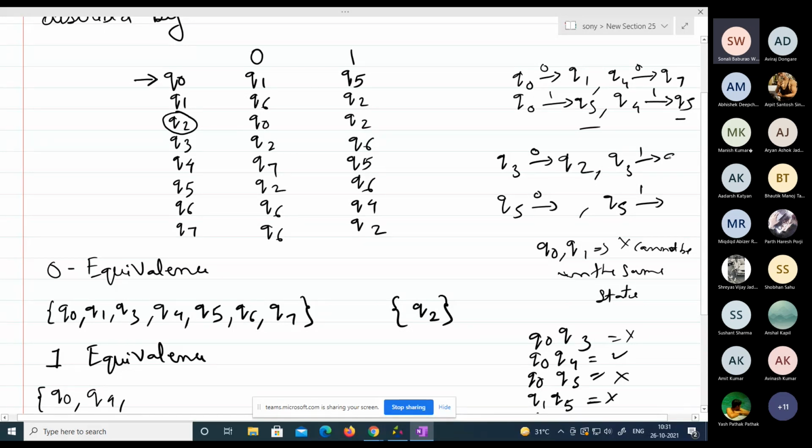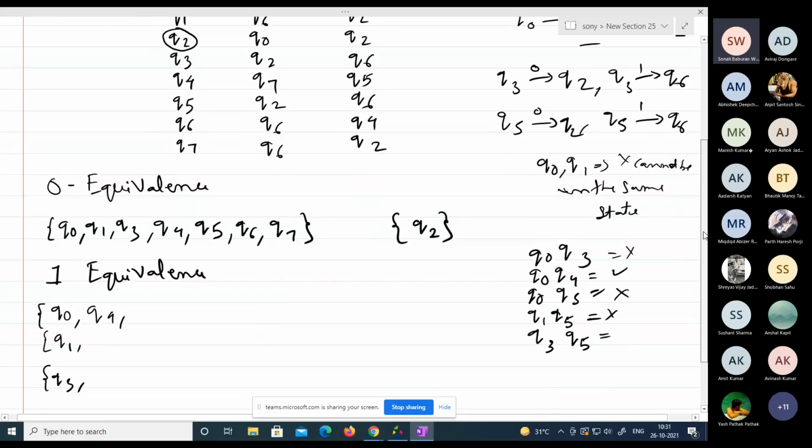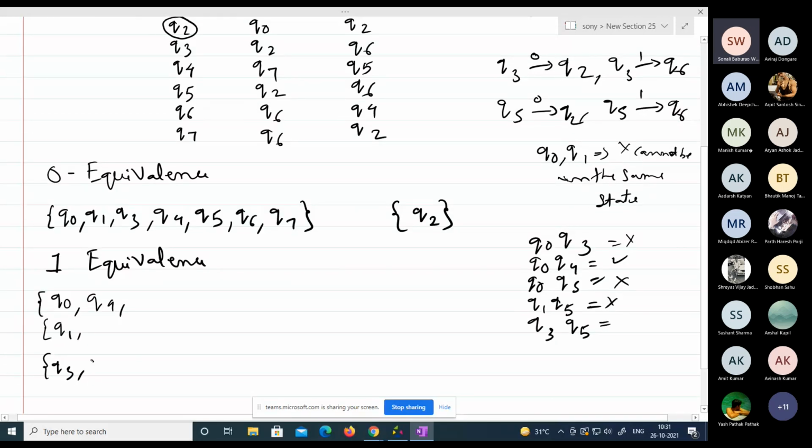Q3 on 1 is giving me Q6. Q5 on 0 is giving me Q2. Q5 on 1 is giving me Q6. Yes, both the values are similar. So it's better to put them together in the same group. So Q5 is included in the group of Q3. Okay.